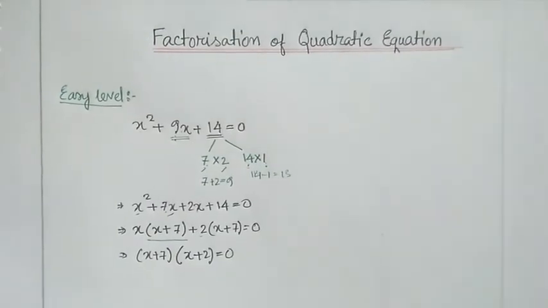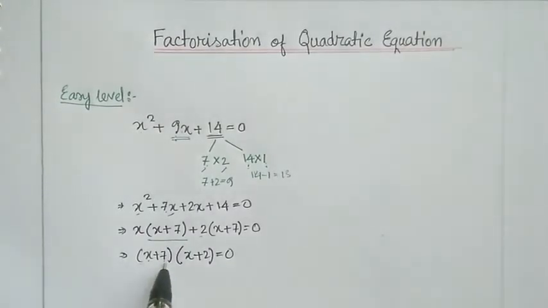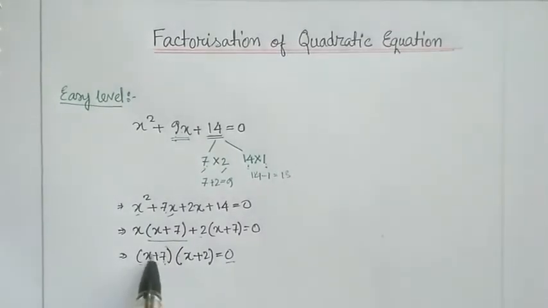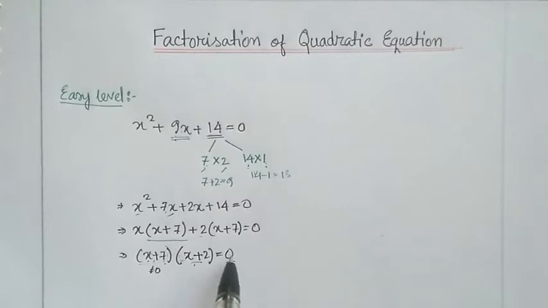Now for a product to be 0, you have to understand that either x plus 7 is equal to 0. If this is equal to 0, then 0 into x plus 2 is 0. Again, if this is not equal to 0, but this is equal to 0, in that case also x plus 7 into 0 equal to 0.